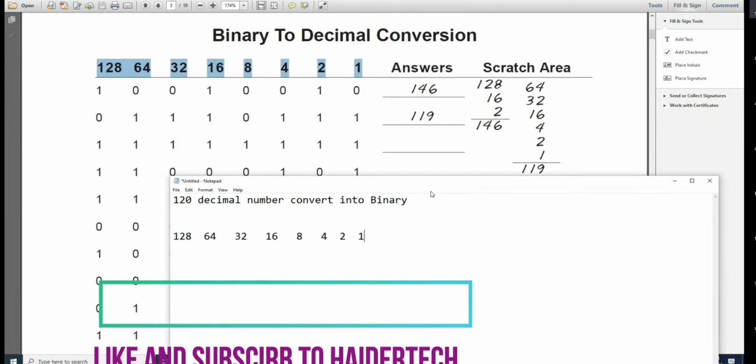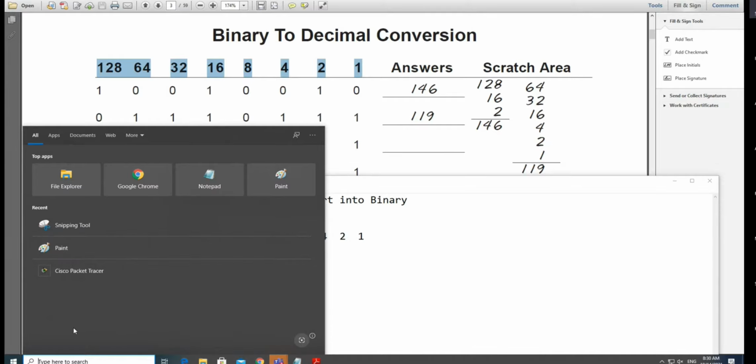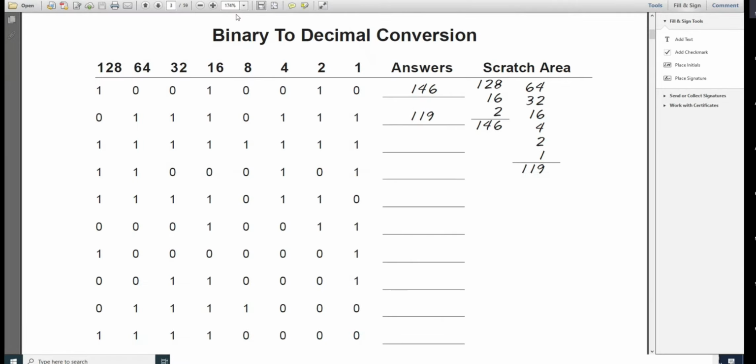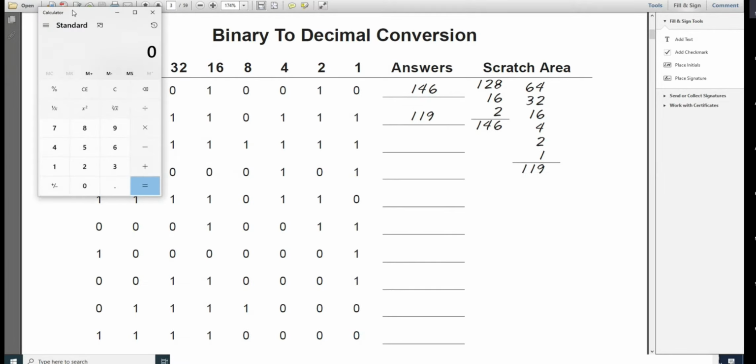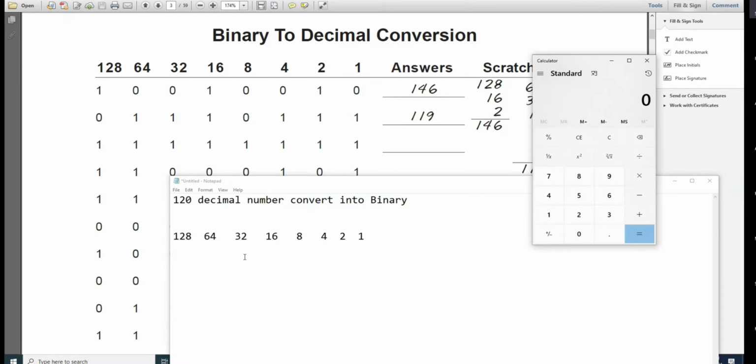Now see here, if you want to make the number 120, suppose here you have all zeros, but to convert 120, what number do you need to add? Just one minute, I will use the calculator to make it easy. Now see, what numbers will you add to make 120?